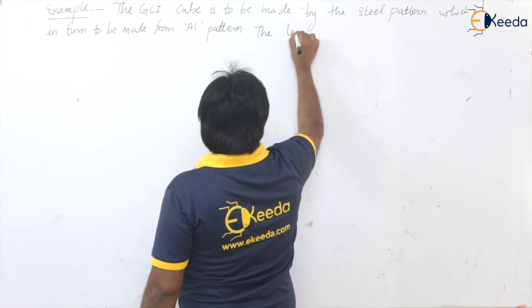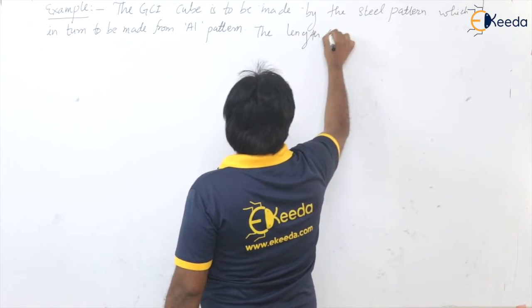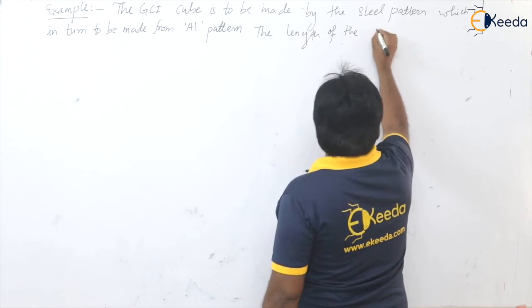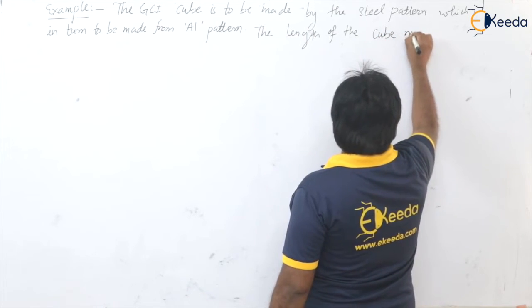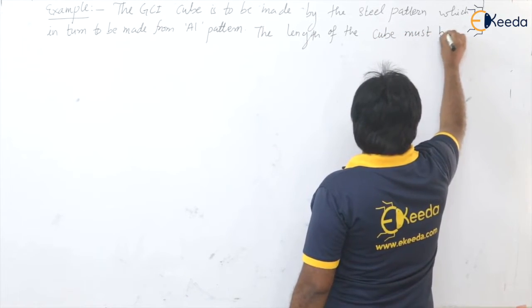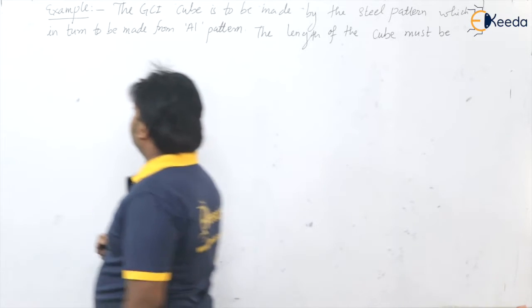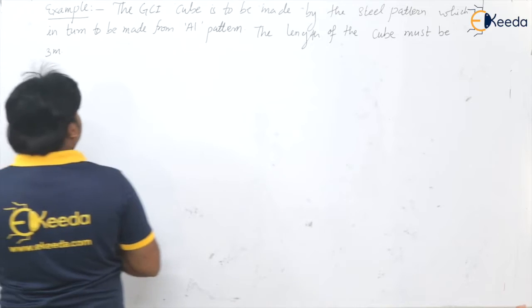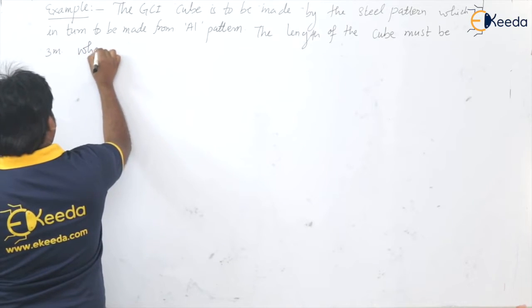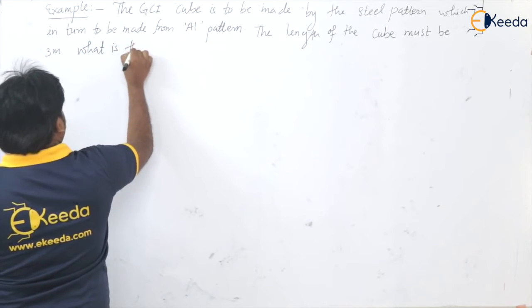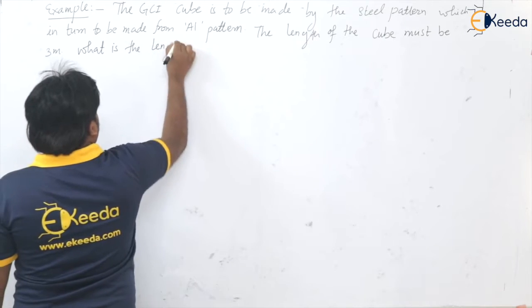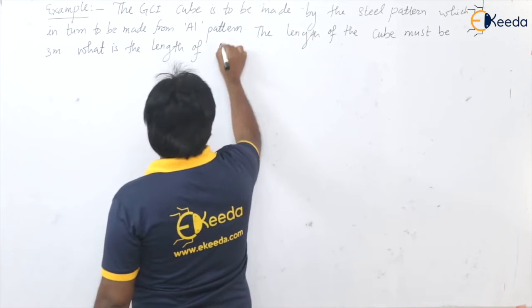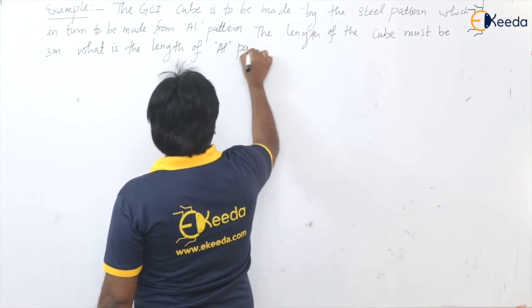The length of the cube must be 3 meter. What is the length of the aluminum pattern?